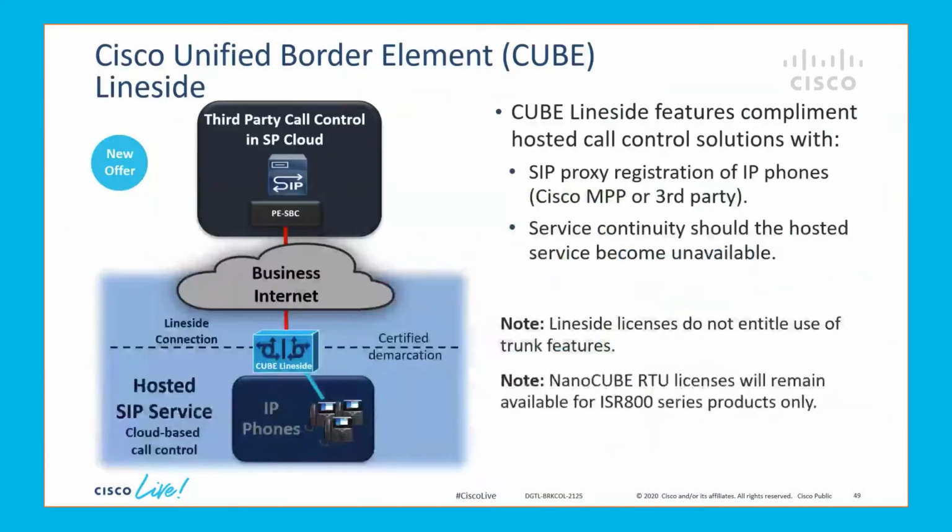Line side basically is you have a customer deployment where you only have IP phones, and those IP phones register to the third-party call control in the service provider cloud via a Cube line side, and that is where that line side license is required for the registration, proxy registration of IP phones, and this can be a third-party phone or Cisco MPP devices, and it also offers you survivability in case this business internet goes down, then the Cube can provide a localized dial tone to those IP phones. These line side licenses do not entitle use of trunk features that we showed.